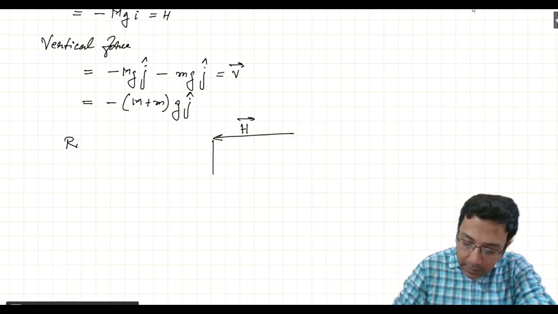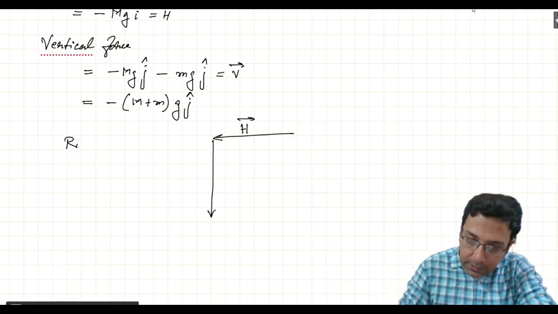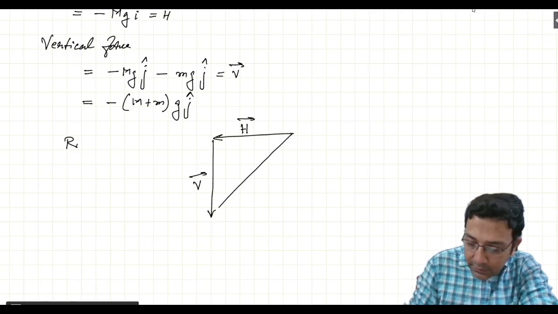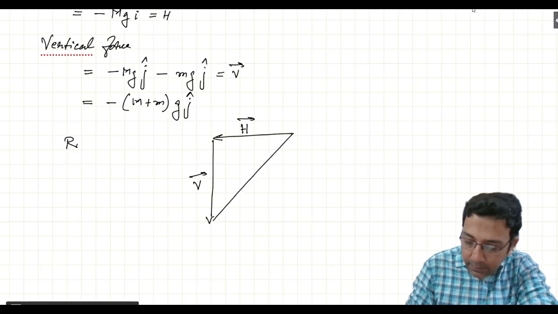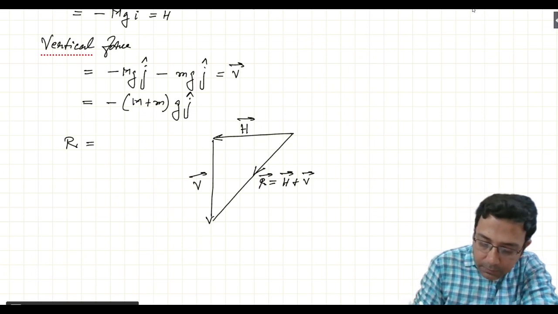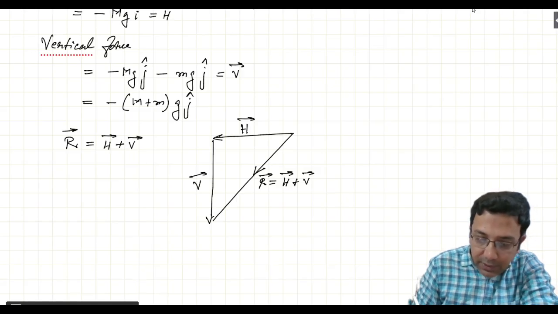That is V. If I close the triangle, this will be my resultant vector. R is equal to H plus V, the triangle rule for vector addition.